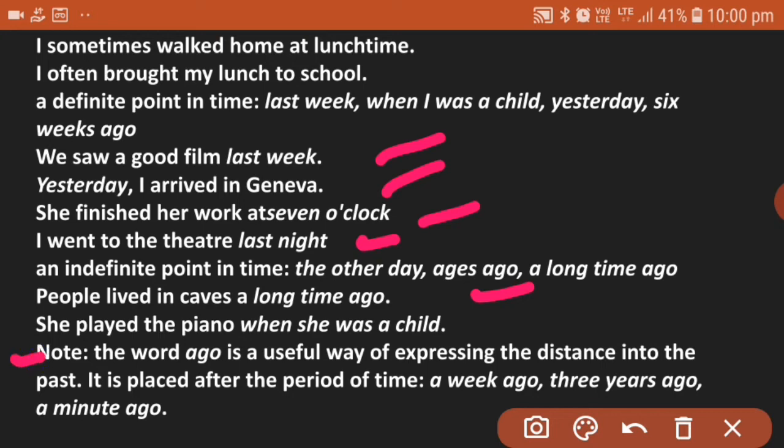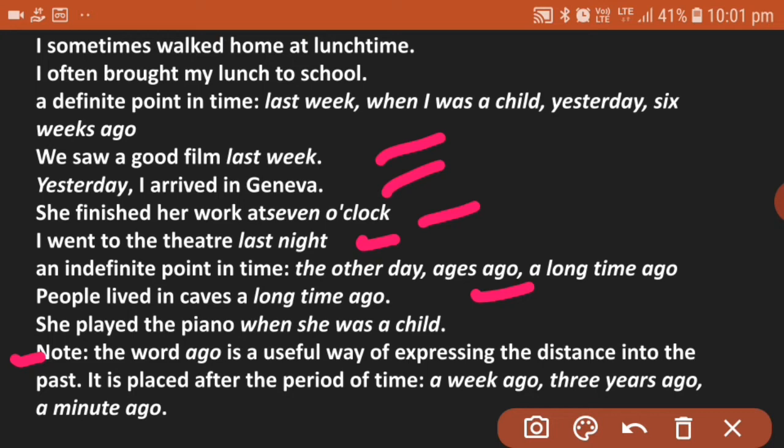The word ago is a useful way of expressing the distance into the past. It is placed after the period of time: a week ago, 3 years ago, a minute ago.